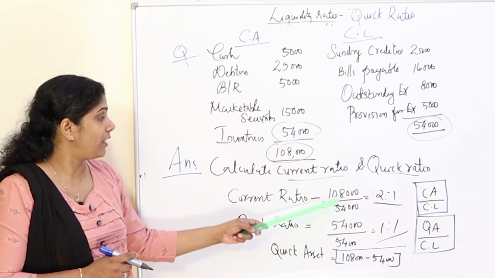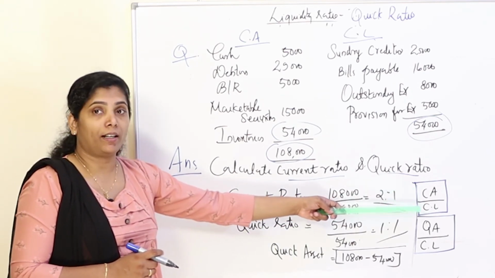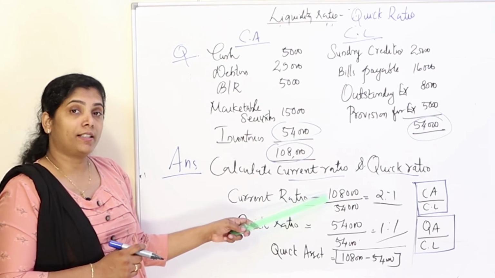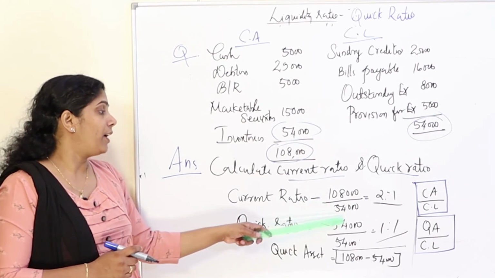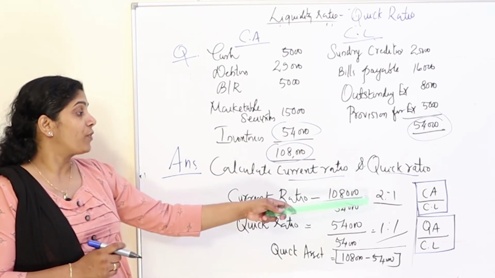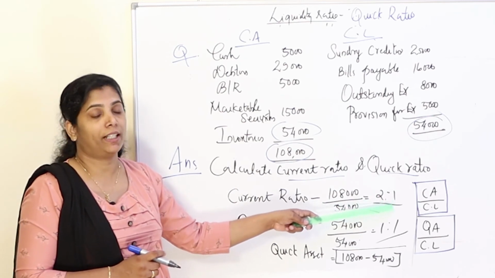So total current asset is 1,08,000 and current liability is 54,000. So the ratio is 2:1.